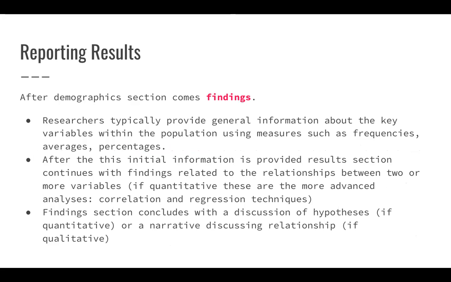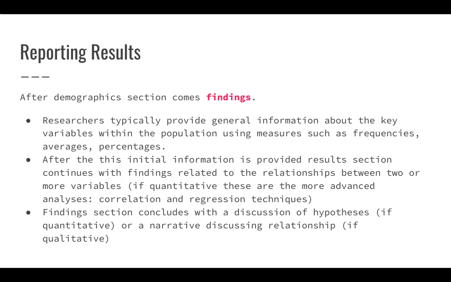After that initial information is provided, then you continue with findings related to the relationships between two or more of those variables. If you're doing quantitative research, this is usually in the form of more advanced analyses, which we lightly touched on in a previous chapter, your correlation and regression techniques.